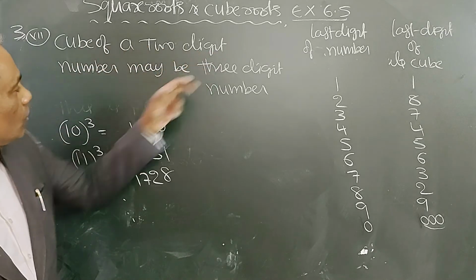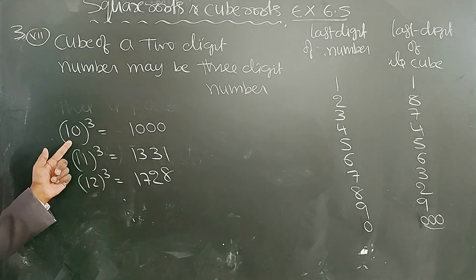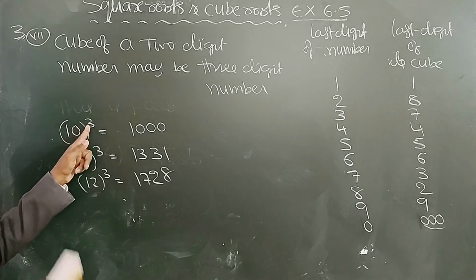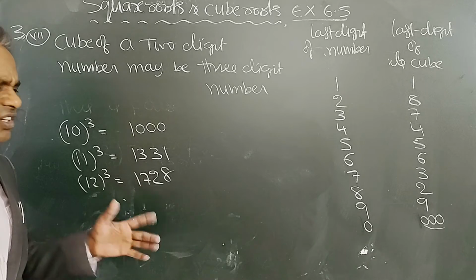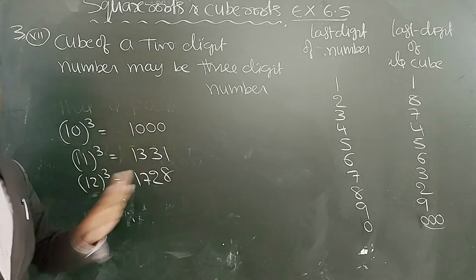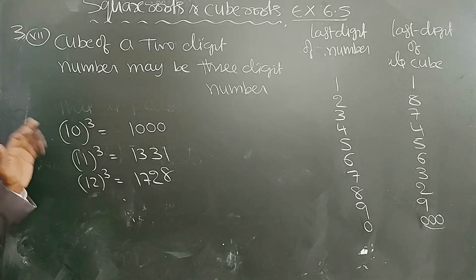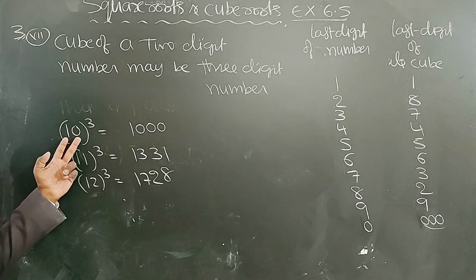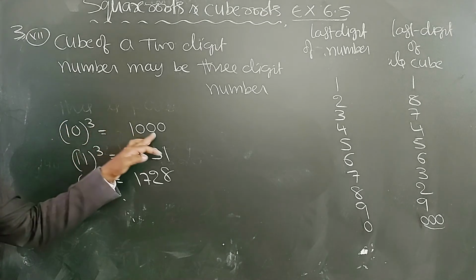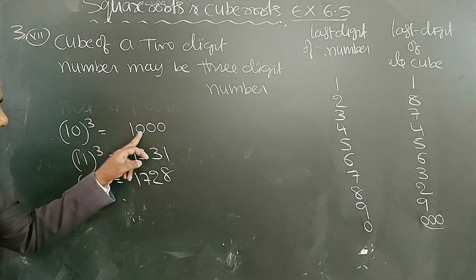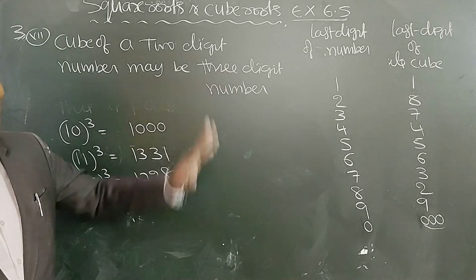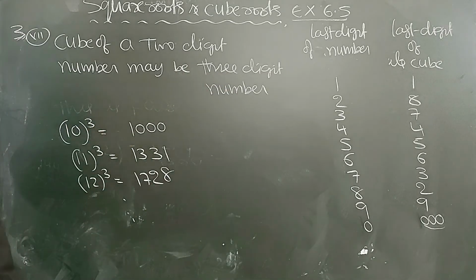If you cube a 2-digit number, there is no possibility of getting a 3-digit number. Definitely it will be 4-digit only. Take any 2-digit number, cube it, the answer will be 4 digits, not 3 digits. 3 digits is not possible.